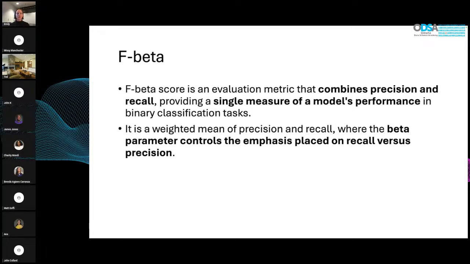But maybe there are some situations where we don't want to treat them equally. We might want to consider 30% precision and 70% recall. We want to weight them. And that is the F beta formula. It generalizes how we might weight precision and recall compared to each other.